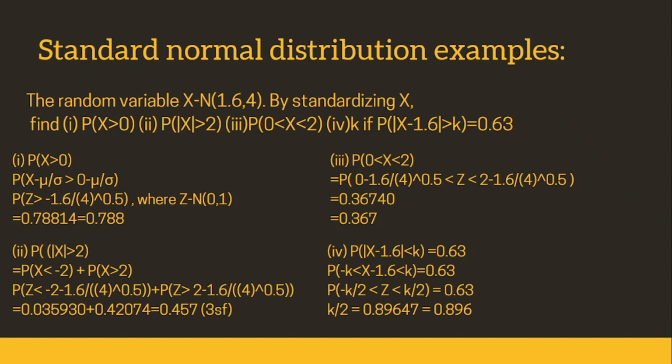So we have minus k less than X minus 1.6 less than k. Then we standardize it and get the probability that minus k over 2 is less than Z less than k over 2 equals 0.63. We use inverse norm in our GC and get k over 2 equals 0.89647, which gives k equal to 0.896.